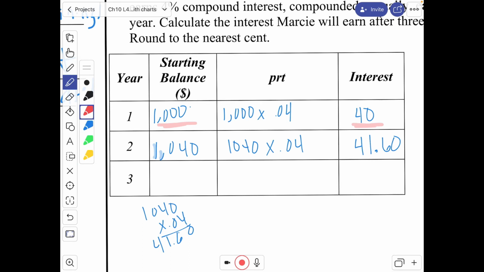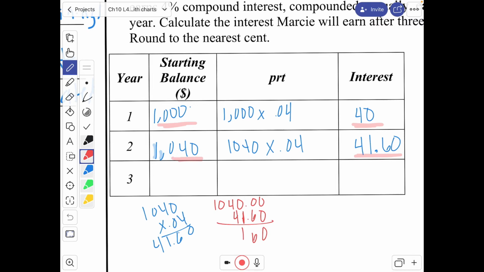And again, she gets to add that to what she started with that year. So those two amounts have to be added together. So 1,040 plus 41.60 makes $1,081.60.